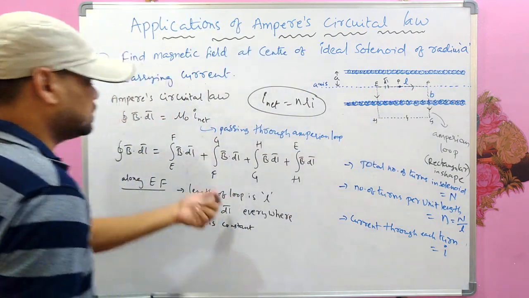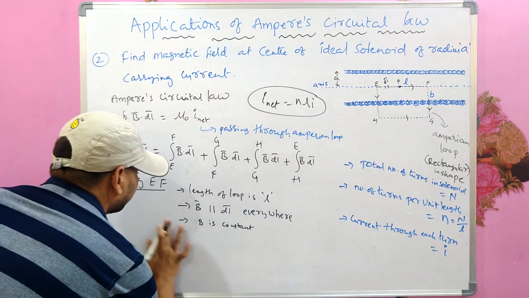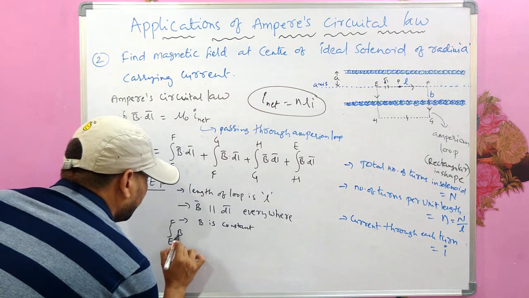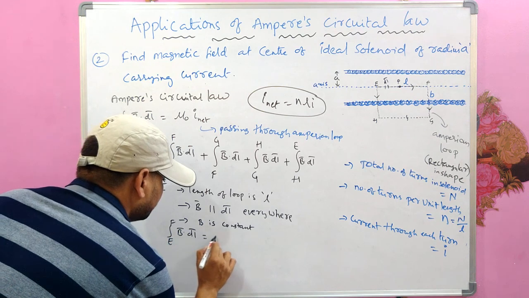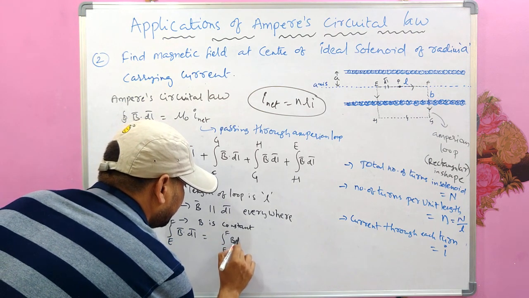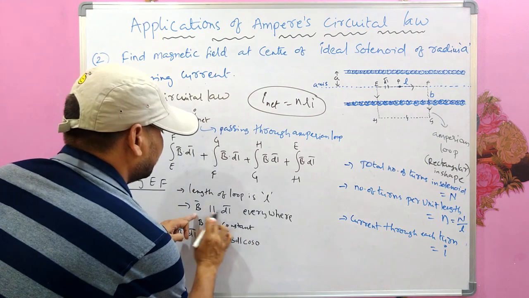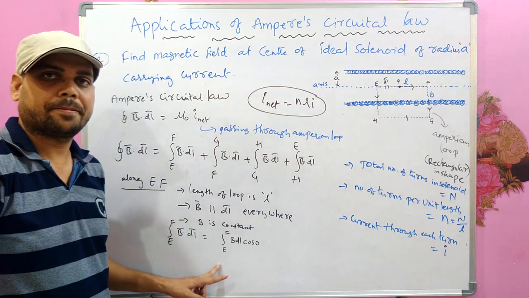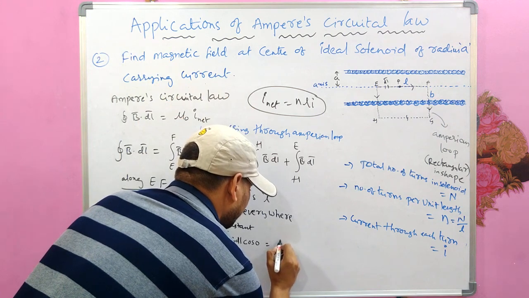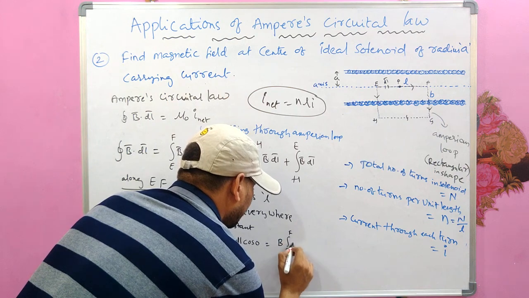So using this, I can write the integral from E to F of B dot dl as the integral from E to F of B dl cos 0, because B and dl are parallel, which means B times the integral from E to F of dl.